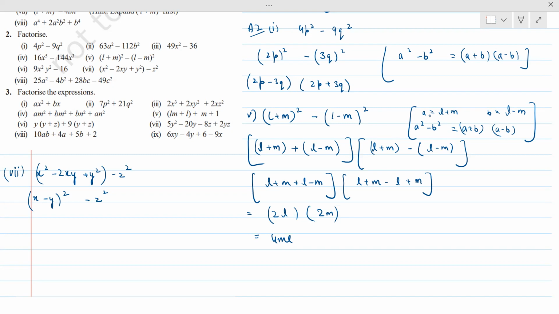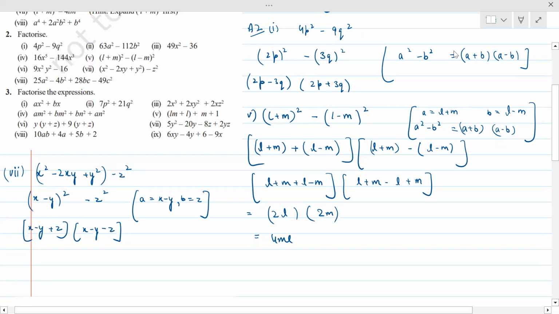So this is the seventh part. Now you can further do a square minus b square. A is x minus y here, b is z here. So it will be x minus y plus z, a plus b, x minus y minus z, a minus b. This is the factorization of this question.